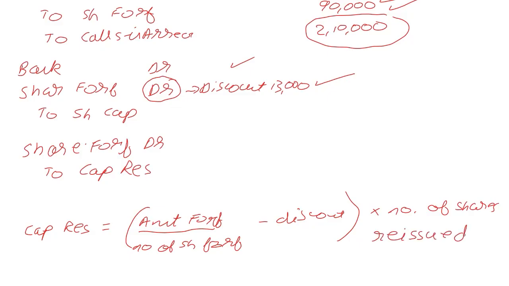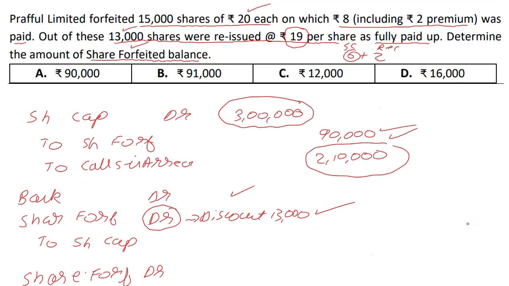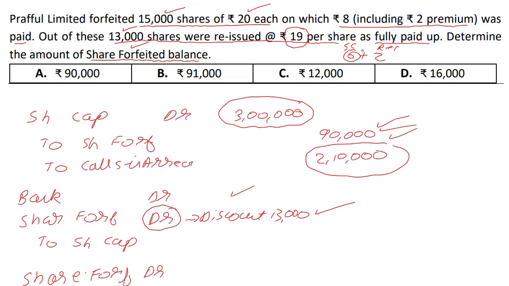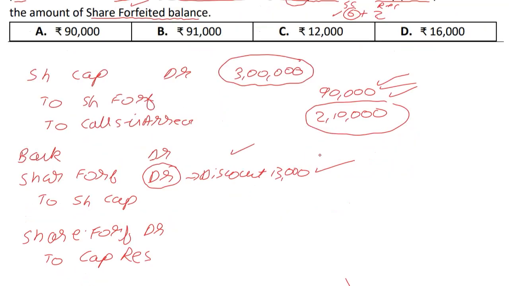The amount forfeited is 90,000. Number of shares forfeited is 15,000. I will take 90,000 upon 15,000, and it should be no surprise to you that it is 6, because we started with that number. It is nothing but the 6 that we have here.